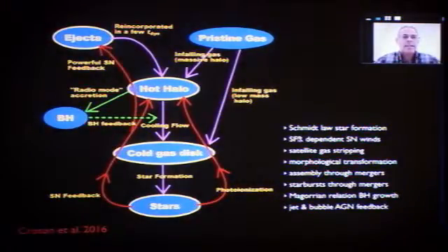So remember, the galaxy model is a simplified representation of two components, or two aspects really. It's the main reservoirs of baryons, which really are hot gas, cold gas, and stars, with some black holes and maybe some ejected gas thrown in. And then the physics of galaxy formation, which we represent with simple differential equations that describe how the baryons move between those reservoirs.